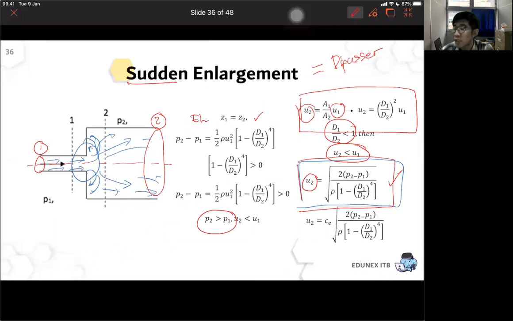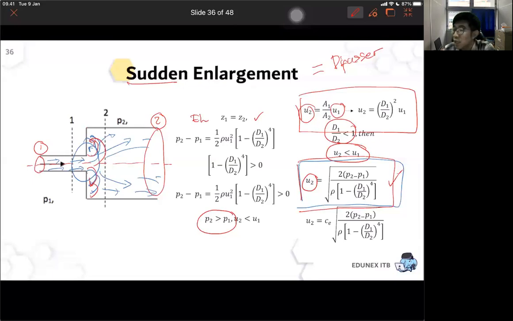But actually, in the real case, because ideal Bernoulli assumes that there will be no energy loss, right? But in the real case, the turbulence around the enlargement area will cause some energy loss. So what will be the effect in sudden enlargement?